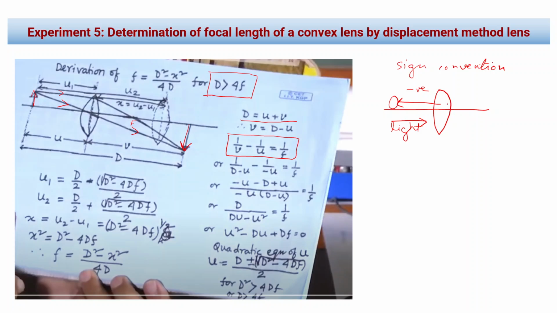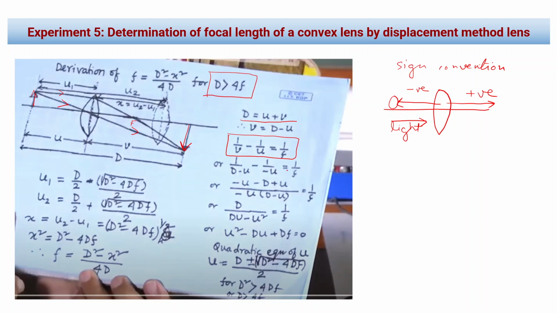Whatever distance I measure in the direction of light will be positive. So here the image is forming on the right, so image distance v will be positive, whereas the object is on the left side, so it will be negative. That's why this is positive, this is negative, and the focal length is on this side, so it is positive.